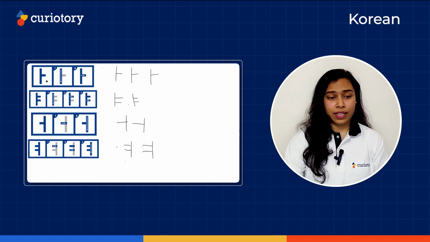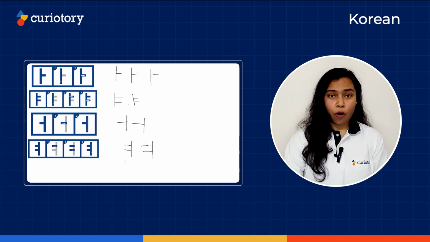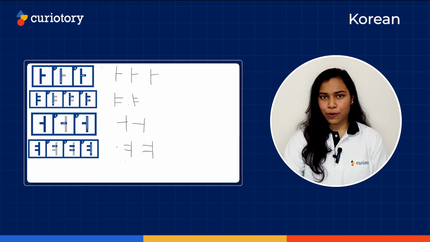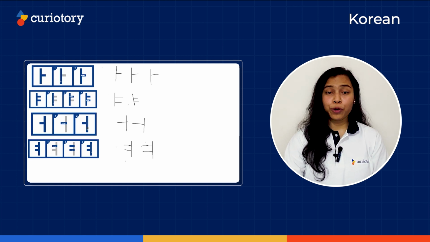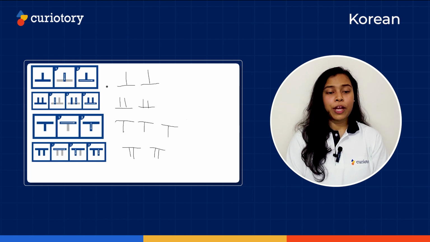Now let's see the picture and do a revision again with counting how many stroke orders there are. So the first one is A and we have two stroke order, 1 and 2. Next we have Ya with 3 stroke order. Next we have O with 2 stroke order. And then a fourth vowel is Yo, which contains 3 stroke order. Our next vowel is O, which has 2 stroke order.